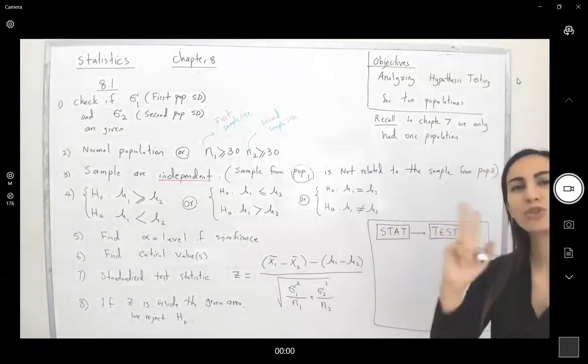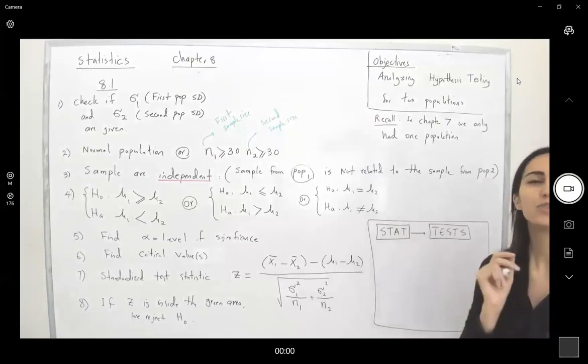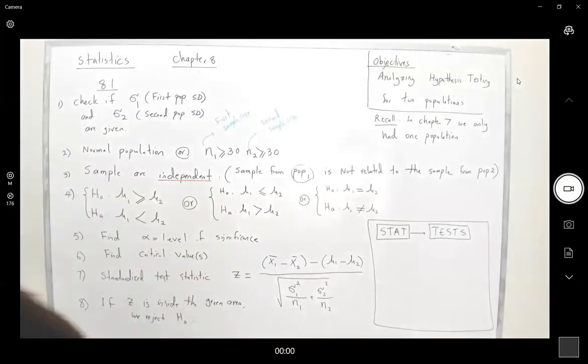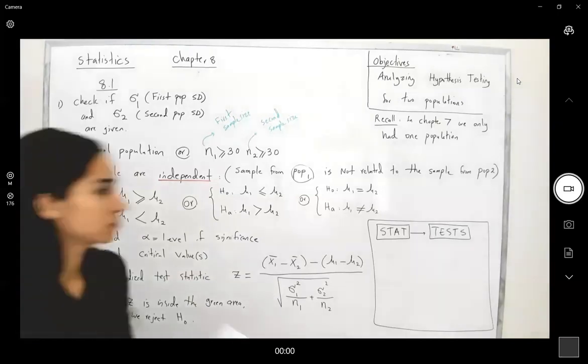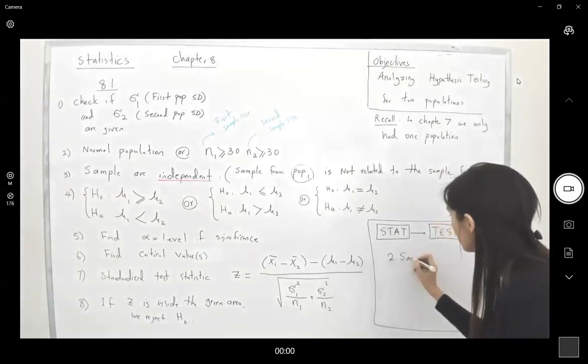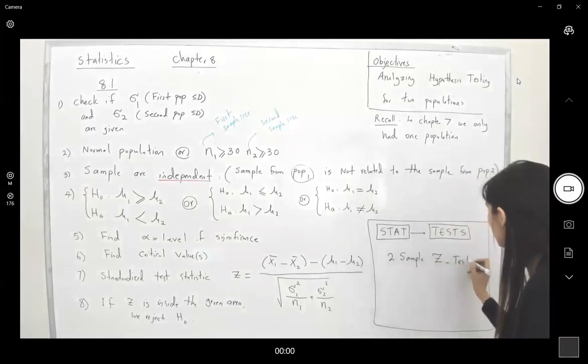Now you have two populations. You need to find the two-sample Z test.